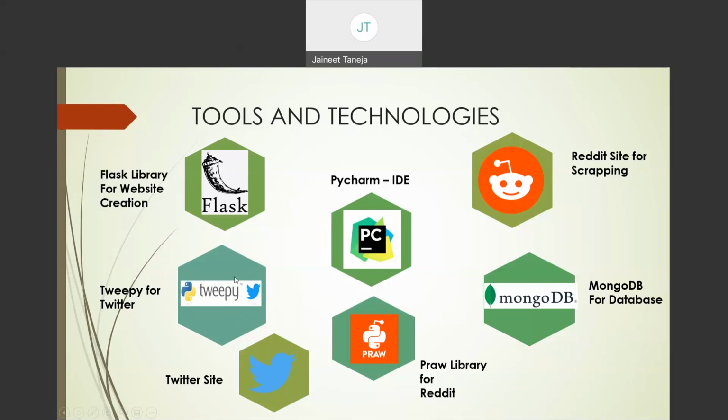We have Tweepy. Tweepy is a library for scraping the data and posting the data in real time, and Tweepy integrates with the Twitter site. For the Reddit site, the scraping is done by the PRAW library. So I have used the PRAW library for Reddit scraping and updating. And lastly, we have the Mongo database for storing the data. So these are all the tools and technology that are mainly used in this project.